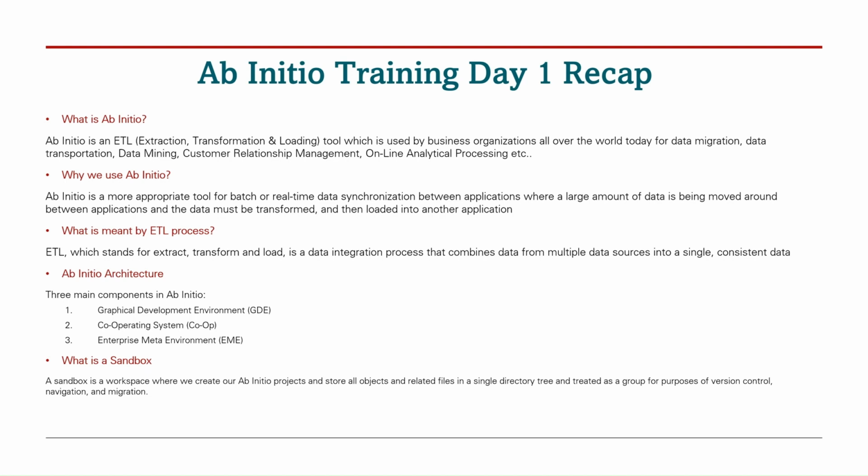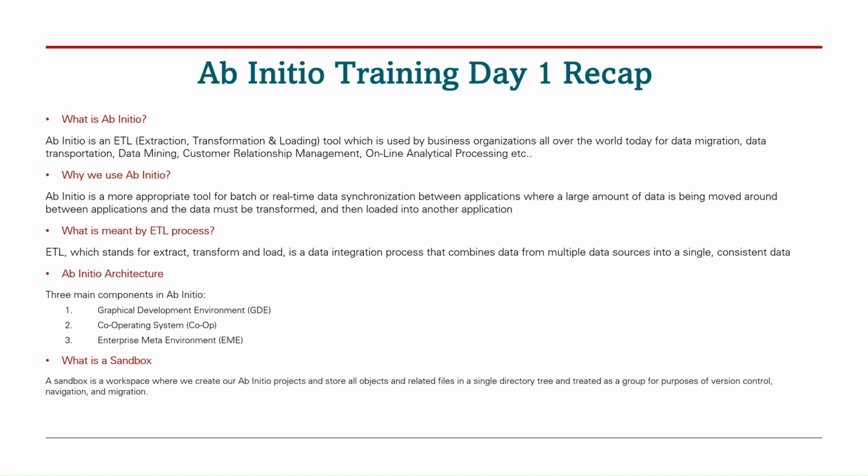Why do we use Ab Initio? Ab Initio is a more appropriate tool for batch or real-time data synchronization between applications, where a large amount of data is being moved around between applications and the data must be transformed and then loaded into other applications.